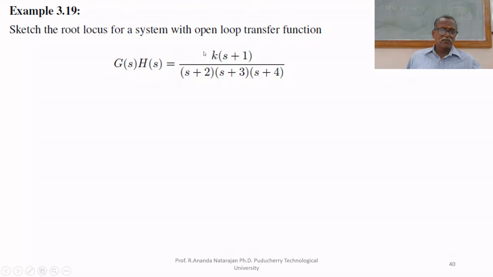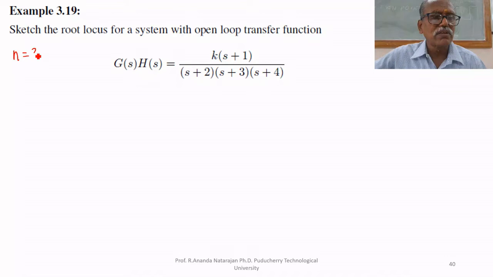So what is the root locus? For that we have to find the roots. N equal to 3, M equal to 1. So 3 root locus branches. One will end at 0.